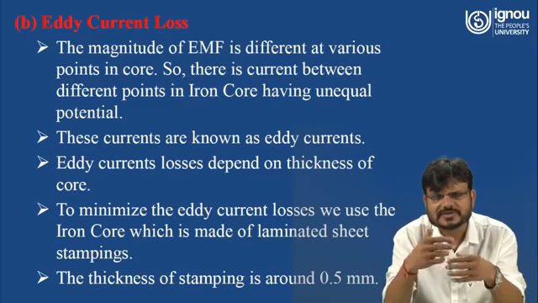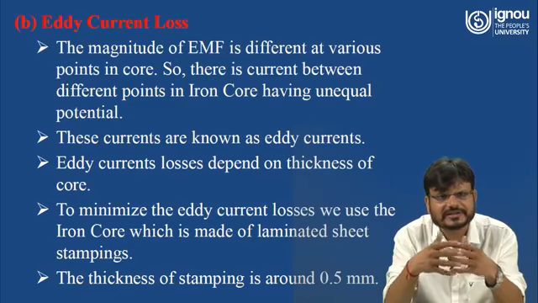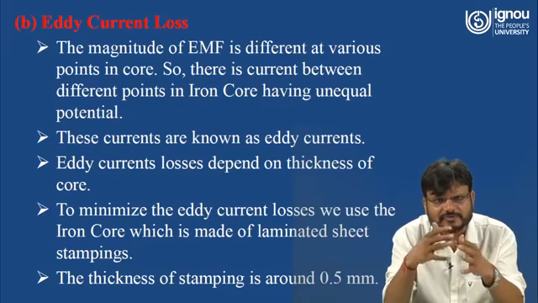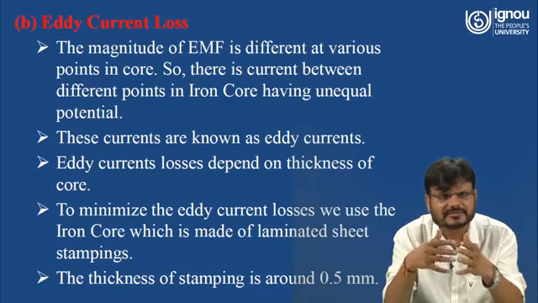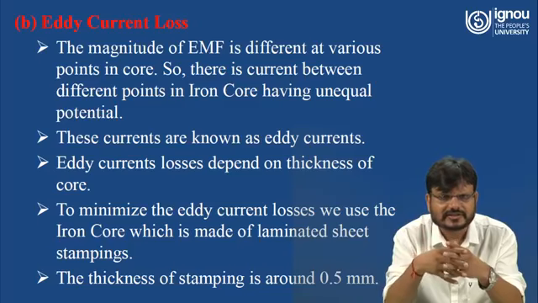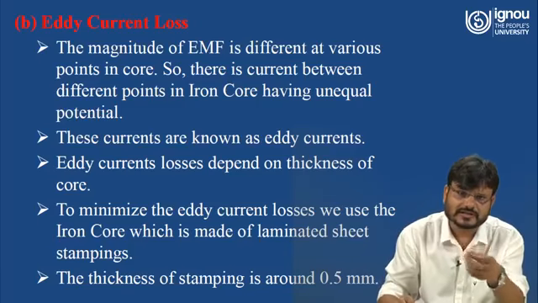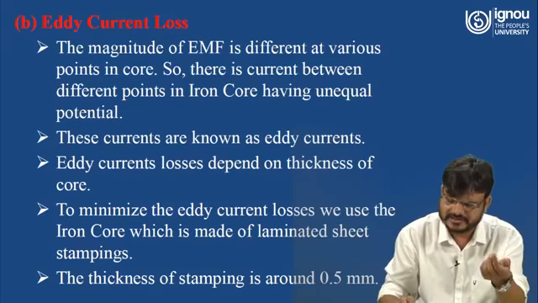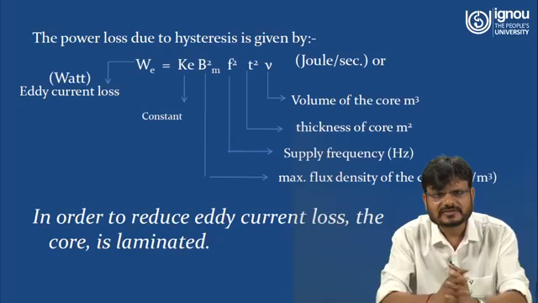So if the question is how you can reduce the eddy current losses in the transformer, you can say if the core is made of lamination, you can reduce the eddy current losses, or if you are able to reduce the thickness of the lamination, you can also reduce them.